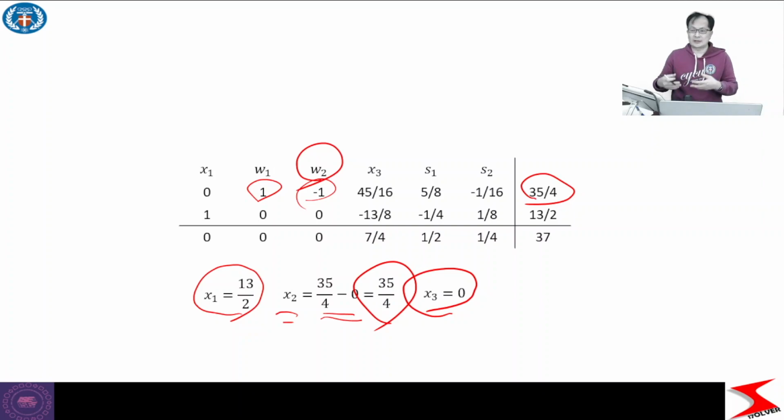Once we get the final solution, we can put these two new variables together and convert back to the original variable, which is unrestricted.